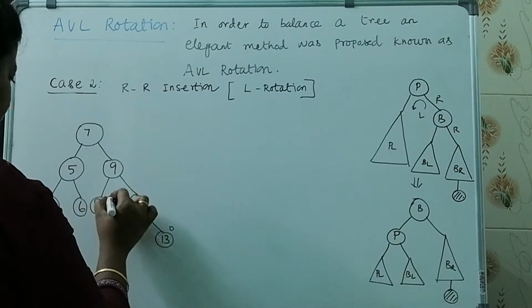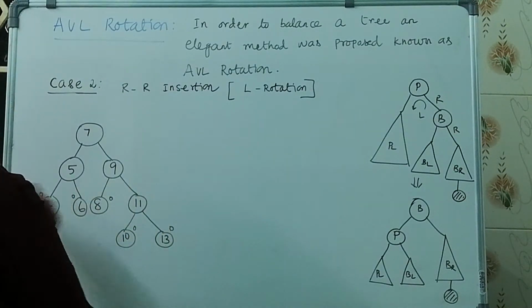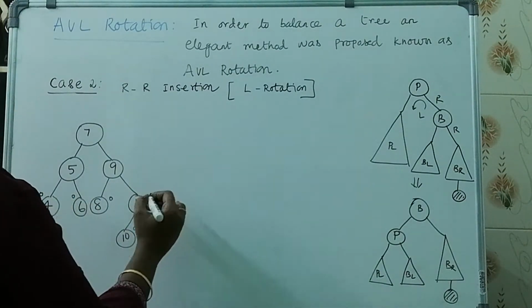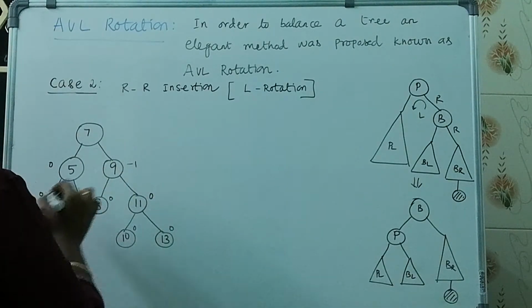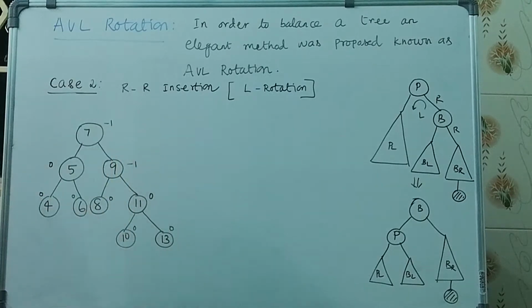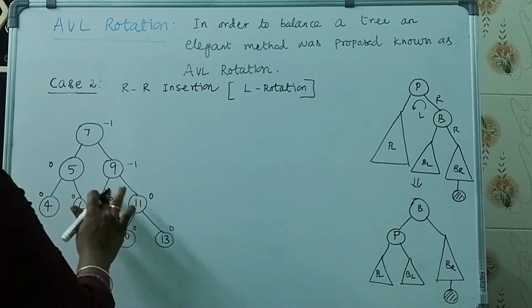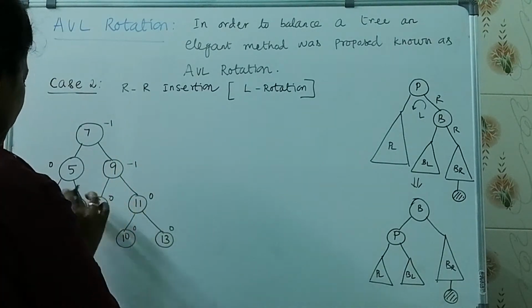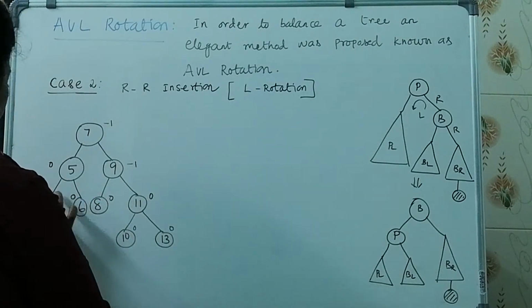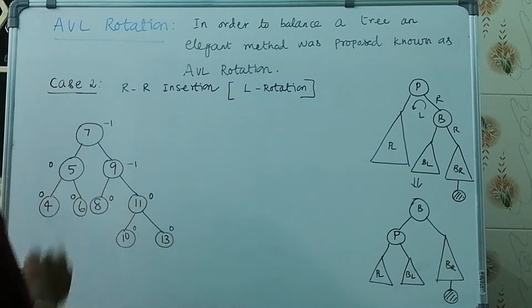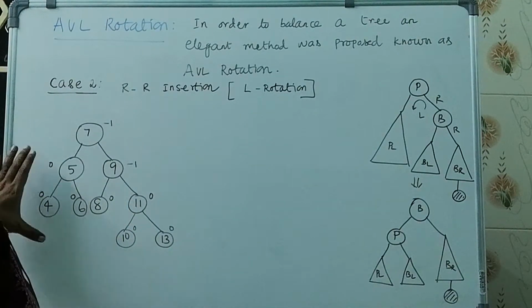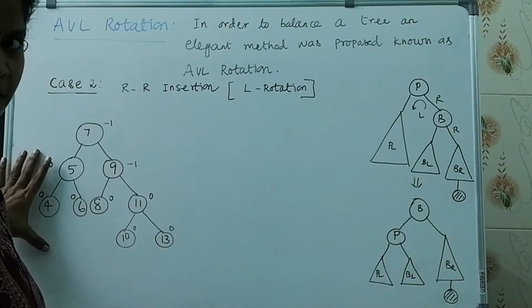For all the leaf nodes, the balance factor is 0, and for this also the balance factor is 0. For this it is -1, for this is 0, and for this is -1. Okay, since the balance factor for every node is either 0, -1 or 1, we can say this tree is an AVL tree.